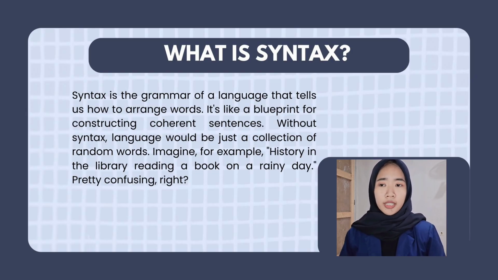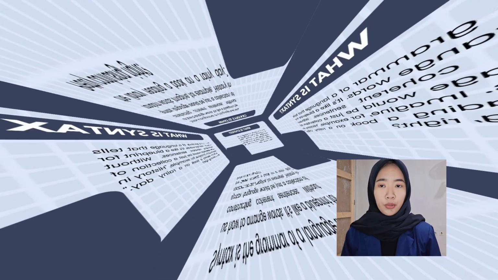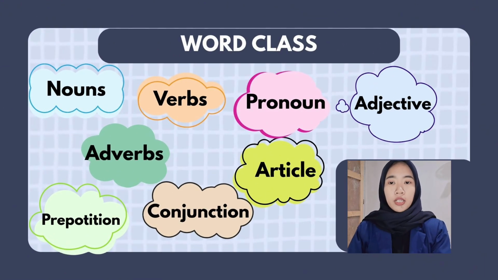Now, each word in a sentence has a specific role. Do you still remember about parts of speech or word classes? So let me remind you. The first, we have nouns, which are words that name people, things, places, or ideas. The second is verbs, which are words that show action or states.